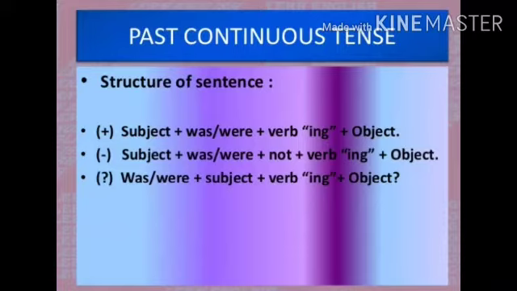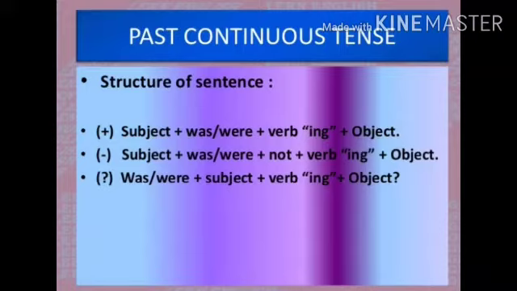So now about the structure. The structure is subject plus helping verb was or were plus verb ing form plus object. And at the time of making negative, same thing, we have to use helping verb plus not, and in interrogative we have to use the helping verb before the subject.